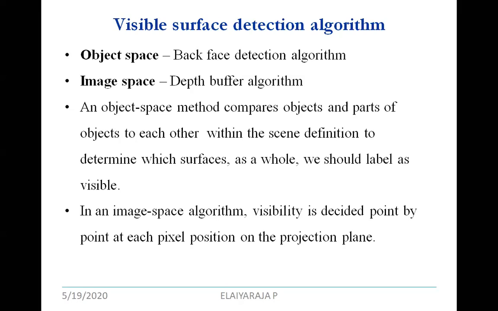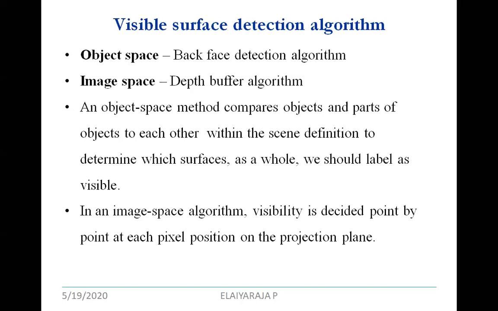Basically, the difference between these two: the object space algorithm retains the relevant data of the object, because the ability to interact the algorithm with the object becomes easier.